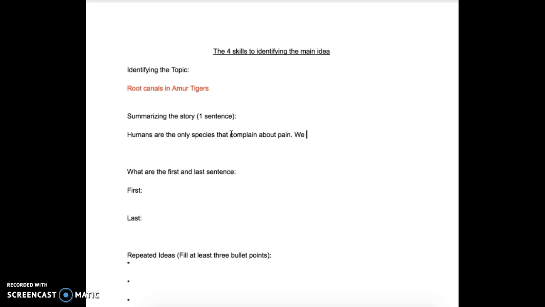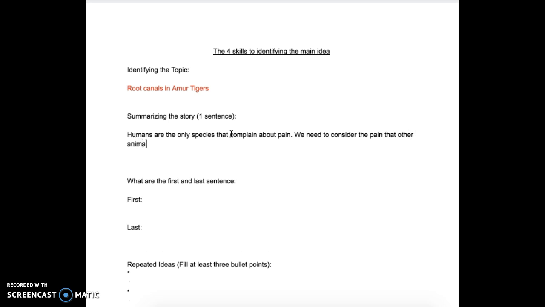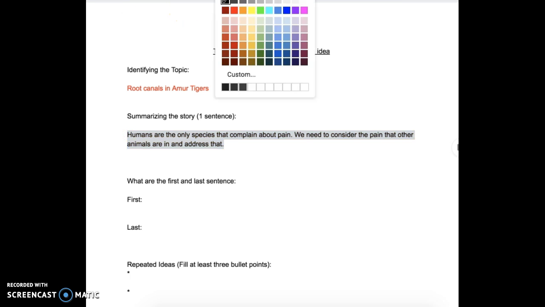We need to consider the pain that other animals are in and address that. I'm going to make this red.